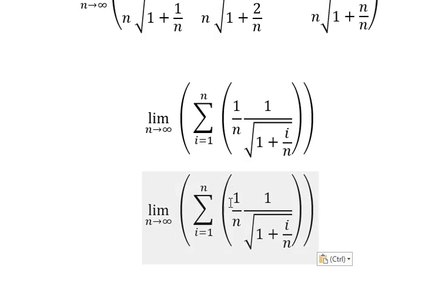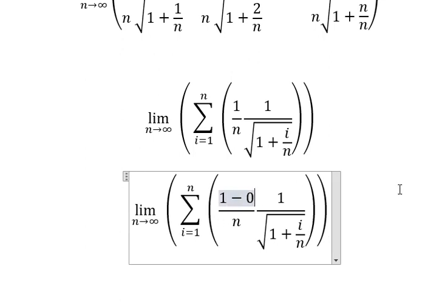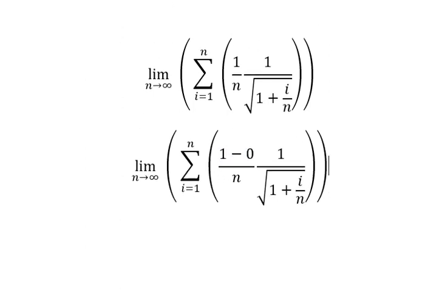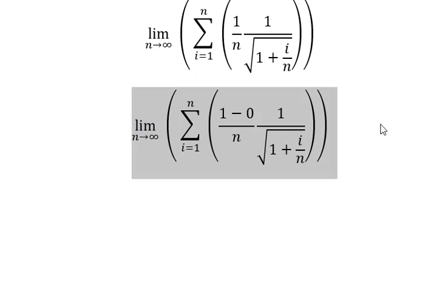And we know that number 1 is about 1 minus 0. So in this one, we can see that this is about the width, and this is about the length. So this one and this one are about the rectangle. So in this situation, we can convert this one into the integration from 0 to number 1.